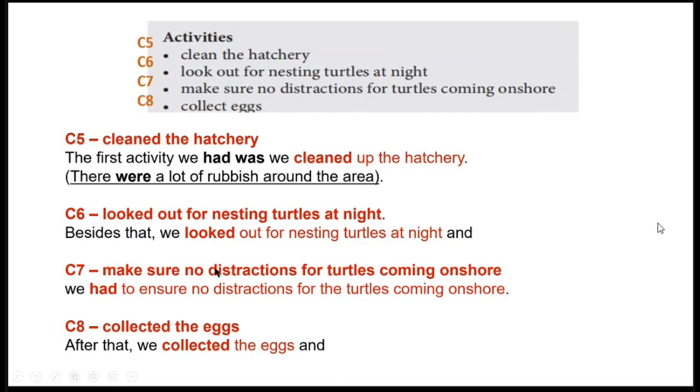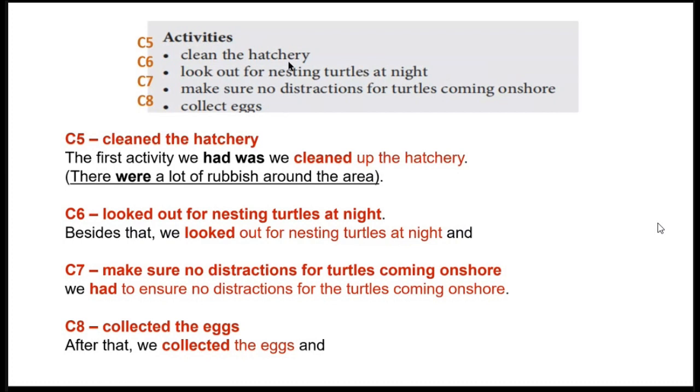You cannot, because here, when it's a report, you must change it to past tense. And then if you look at this, if you just add in only clean the hatchery, there's no elaboration, then there are no marks that can be given to you because you did not elaborate. Remember, one of the instructions in the question is for you to elaborate the points.